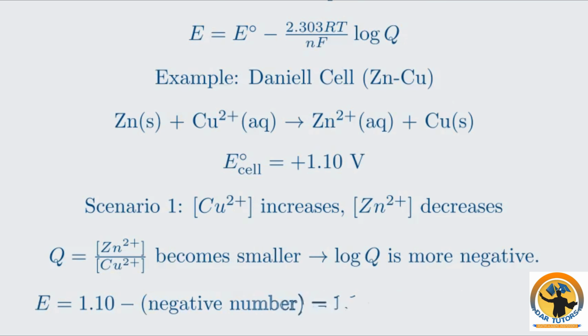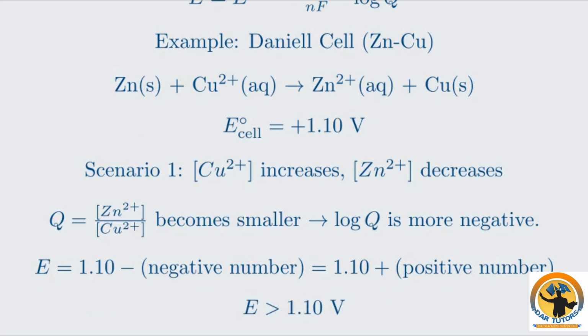The Nernst equation becomes E equals 1.10 minus a negative number. So the cell potential, E, increases to a value greater than 1.10 V. The cell can do more work. This aligns with Le Chatelier's principle. Increasing the reactant Cu2+ and decreasing the product Zn2+ shifts the equilibrium to the right, increasing the driving force.